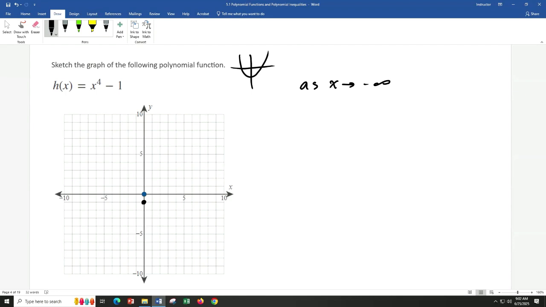Yeah, exactly. As it approaches negative infinity, this thing, the p of x, the whole function, is going to go to infinity. Well, how about as x approaches positive infinity? Where's p of x going to go? Exactly. There you go.